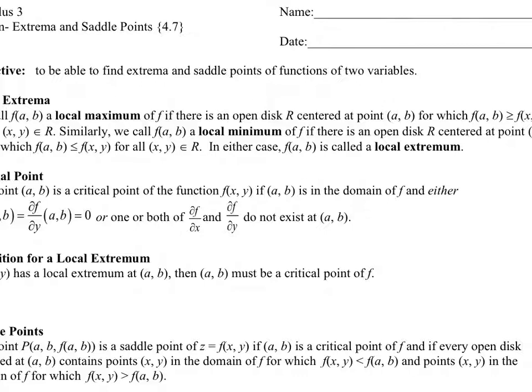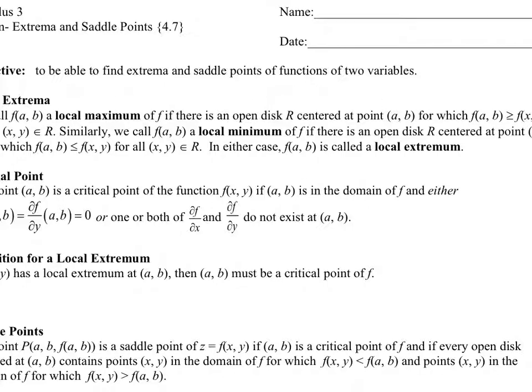If you plug (a, b) into your original function and get undefined, all bets are off. You're not looking for a critical value. If you get something that exists, you take your partial with respect to x and partial with respect to y, plug those numbers in, and if both are equal to 0, or either of them is nonexistent, then you're looking at a critical value.